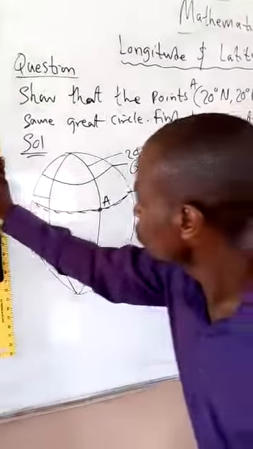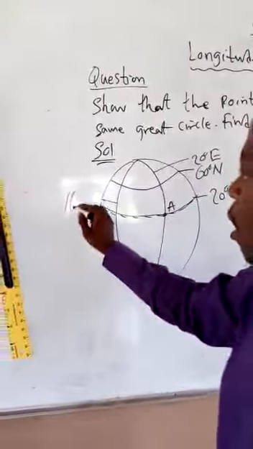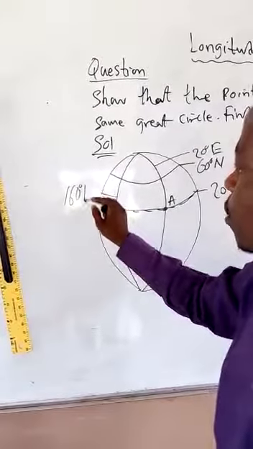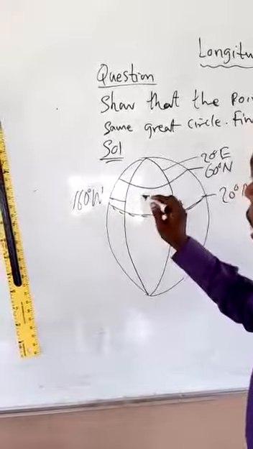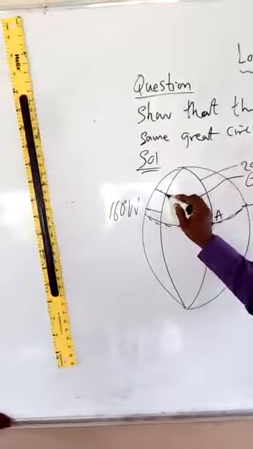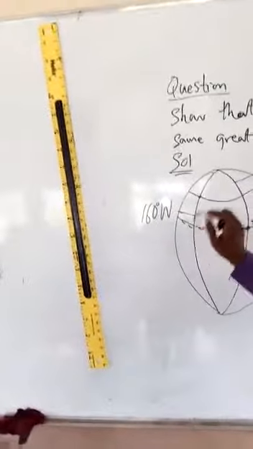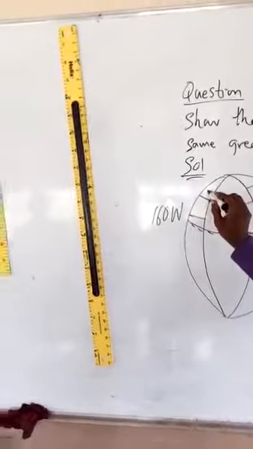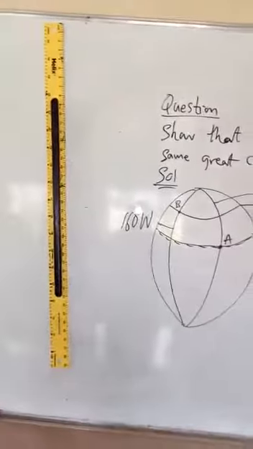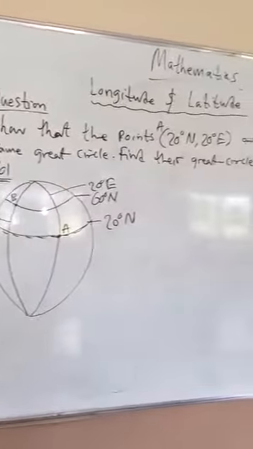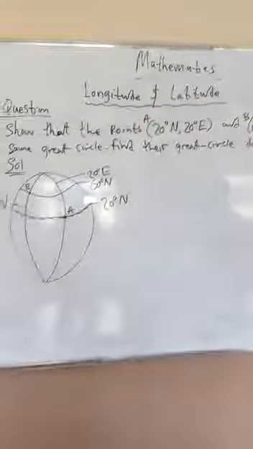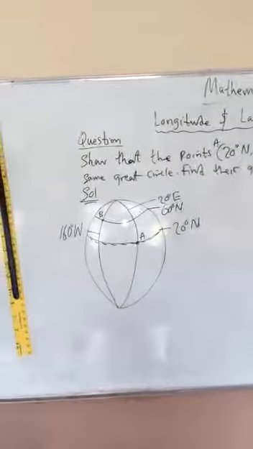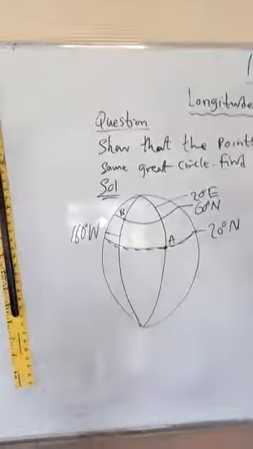This is 160° west, and the point here is point B.